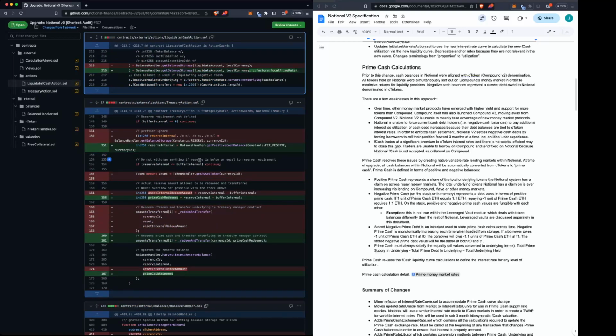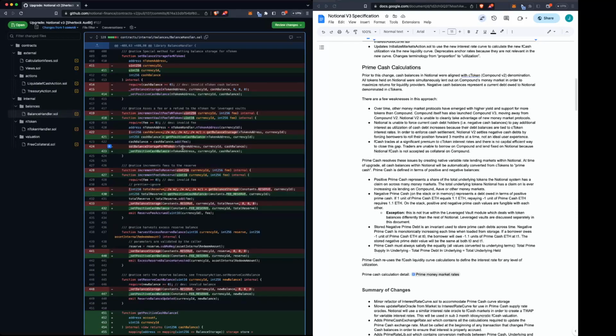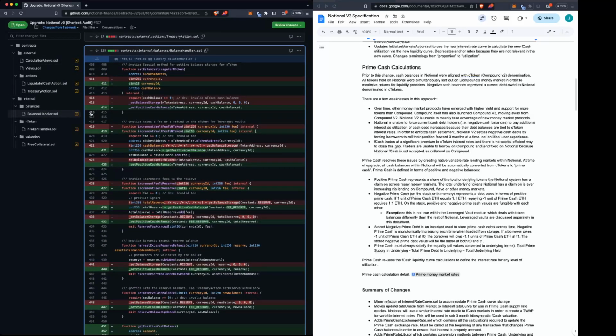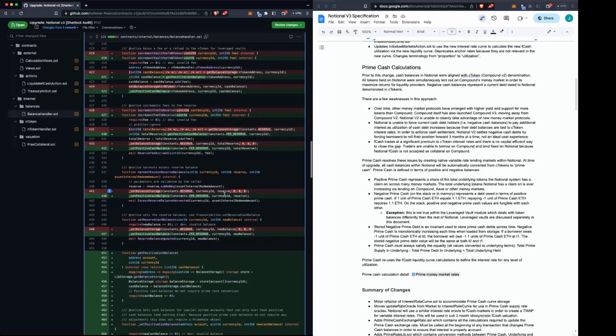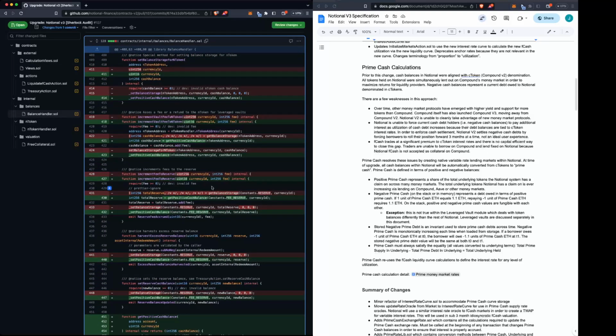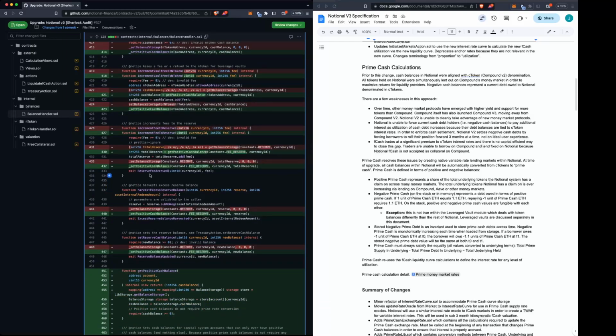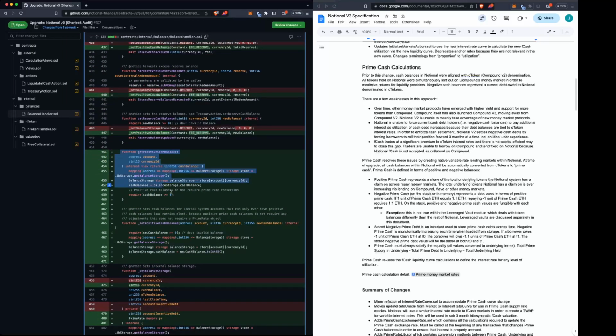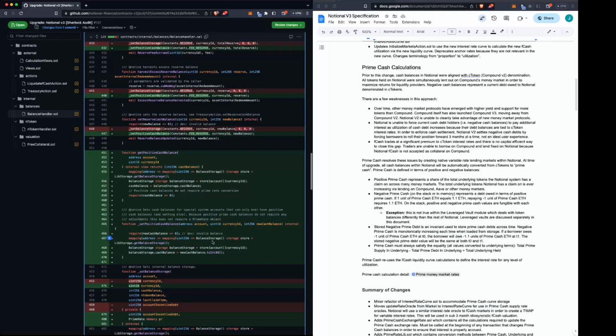In this, the bulk of the changes are going to be in balance handler. In this particular change, there's not much that's consequential. We add new functions for getting and setting positive cash balances.